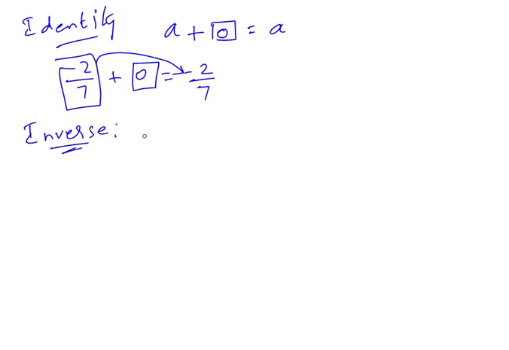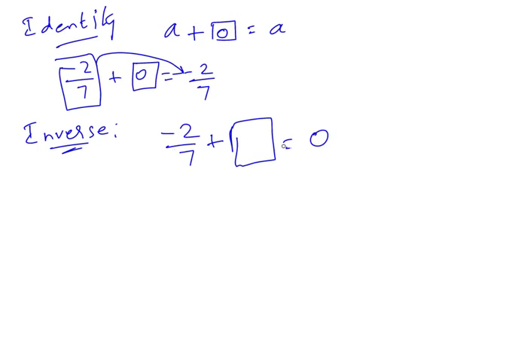What is the inverse of rational numbers under addition? If we take minus 2 by 7, with this, what number should we add to get the identity? Identity under addition is 0. So, if we add a number and its inverse and get the identity, then that number is the inverse of the given number.